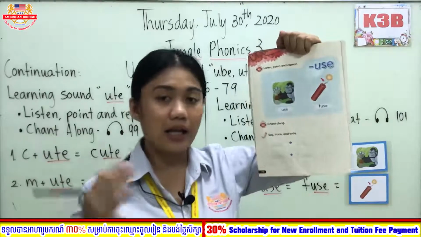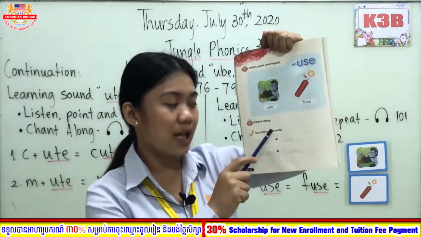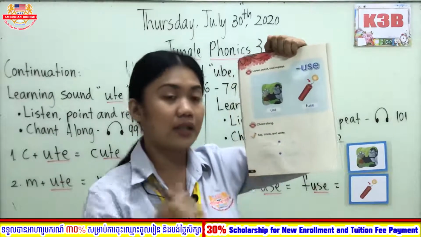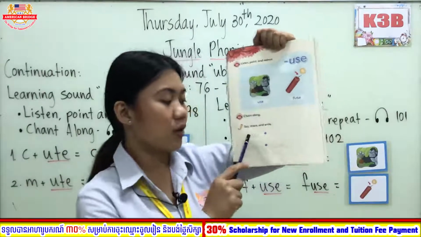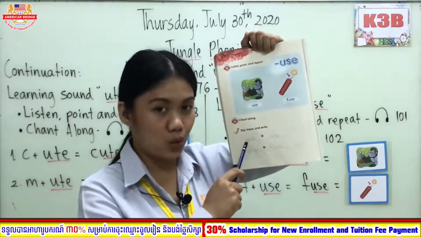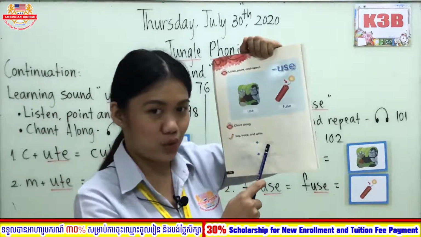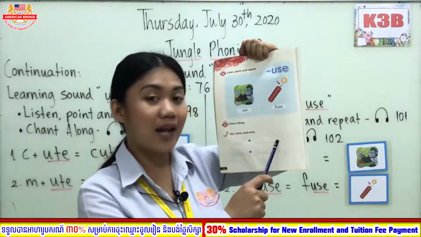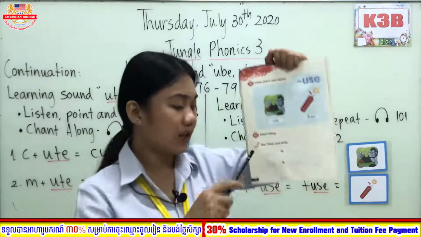Like in our first sound, you are going to say, trace, and write. The same instructions. So here, say the sound use, okay? Say the word use and write the word use. Again, one more time.